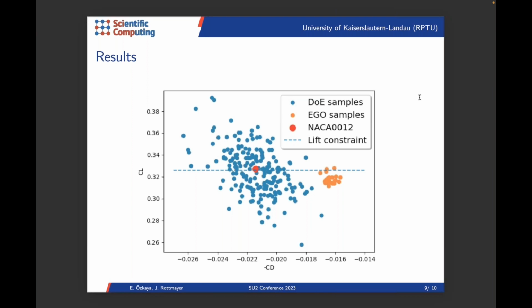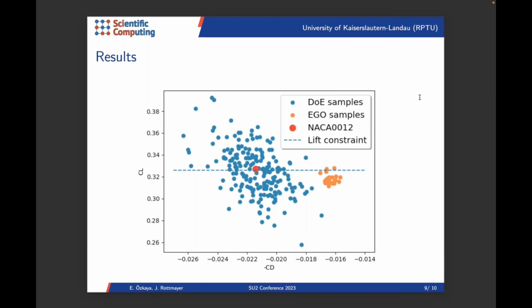Our initial geometry is this red dot, right? And the blue dots are design of experiment samples, the initial training data, and the yellow dots are the samples that are generated during the optimization. So in this minus CD axis, this upper right part, those are the good designs somehow, right? And this part, those are the worst designs.